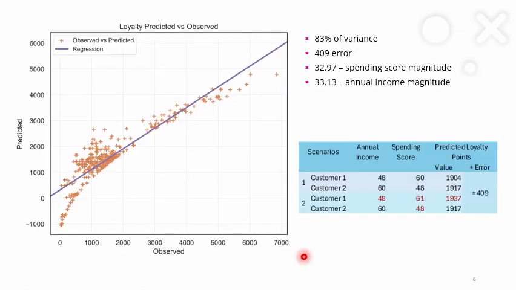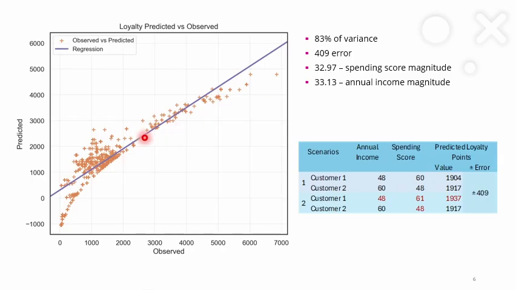The two features have been combined in multiple models and tested. The most robust and explanatory is Model 1, which explains 83% of loyalty points variance. The model was chosen as the most suitable for the given type of data, the most accurate and robust.